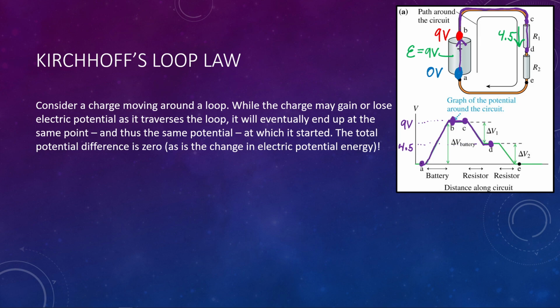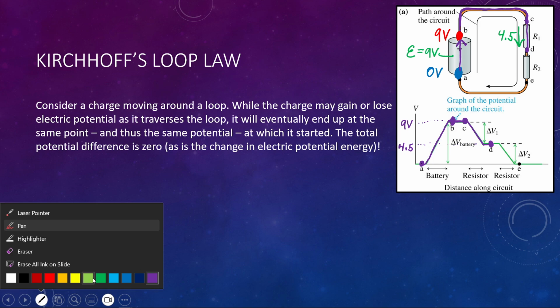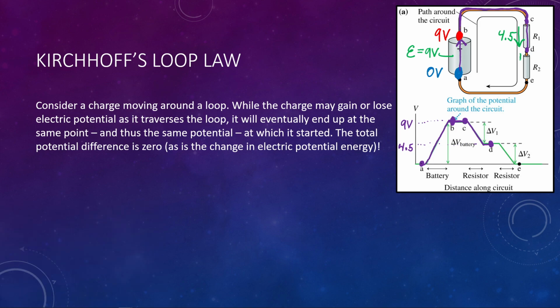So this little point here is 4.5 at point D. Then you hit resistor 2. Again, assuming they're identical resistors, you would see an equal drop in potential by 4.5. So in our graph, we see us again go down by 4.5 volts until we hit point E. And notice where we're at point E. We're back at 0.